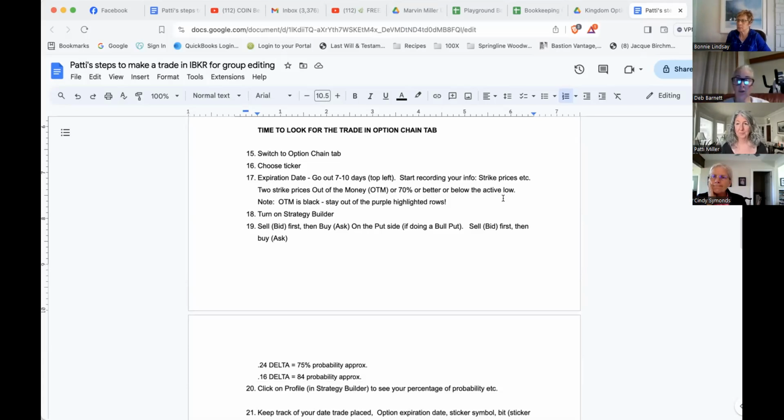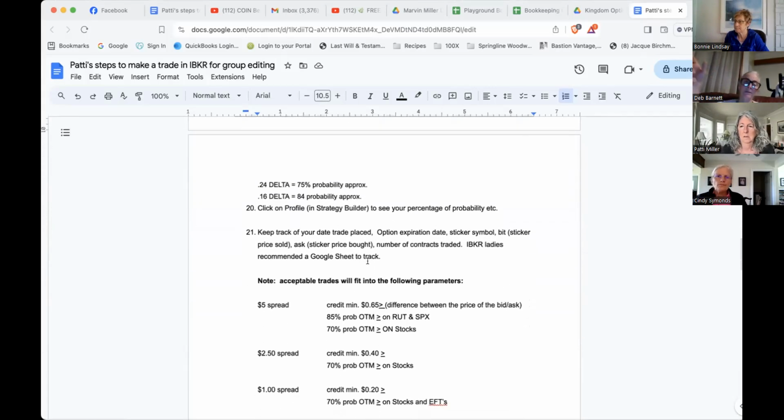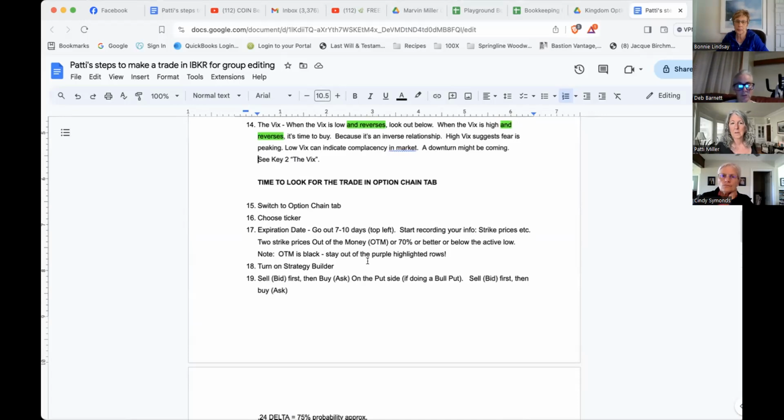So now we're at the point where we want to go to the option chain. Do we want to physically go there now and have a look? Because then we choose the ticker and our expiration date. Actually, before that, when we look at the charts, we would have already determined what kind of strike price we're looking at. At this point, it's time to look for a trade in the option chain, because we've determined all that stuff above.